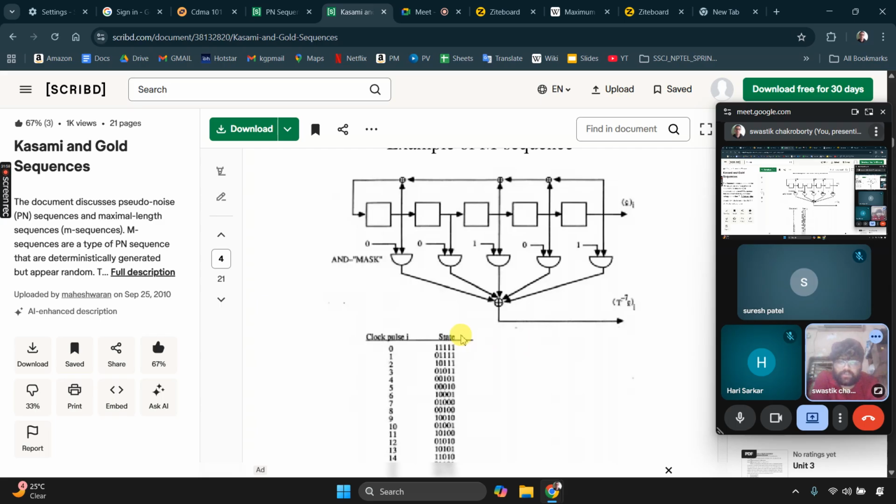Now when you start at the first pulse, you have to make sure that your registers are not in the dead state. What is the dead state? Anyone? Which state is called the dead state?